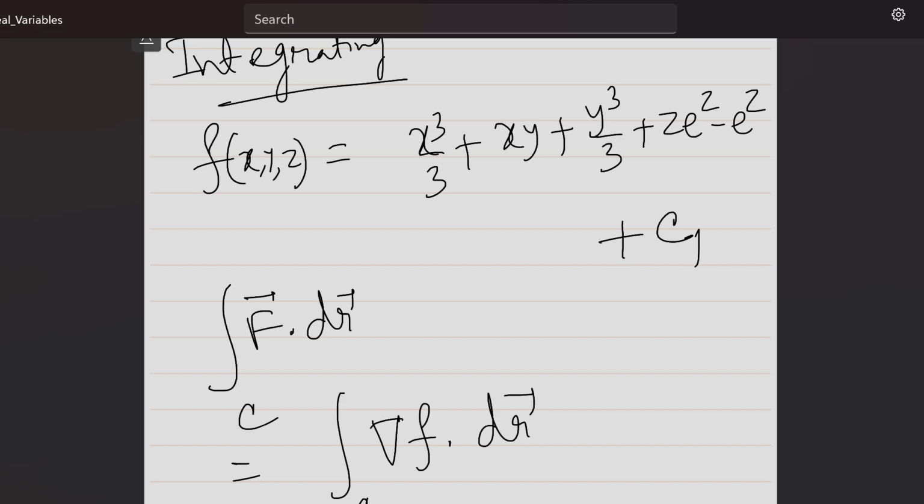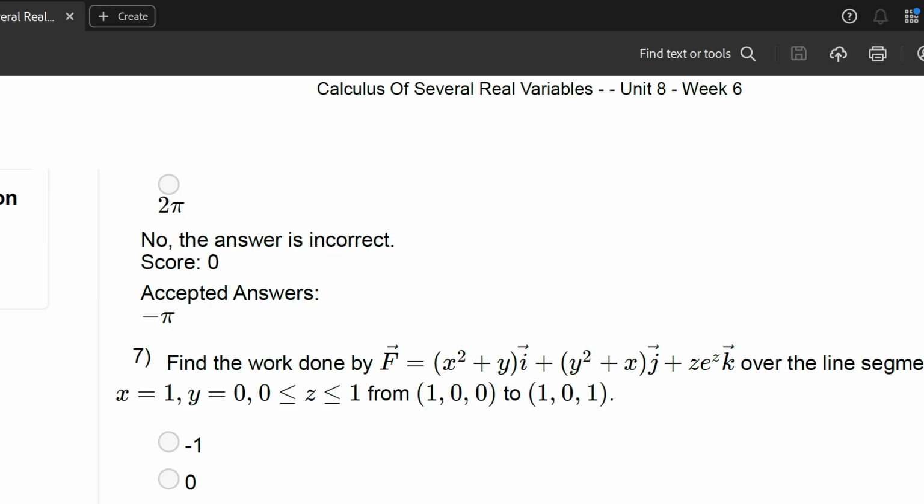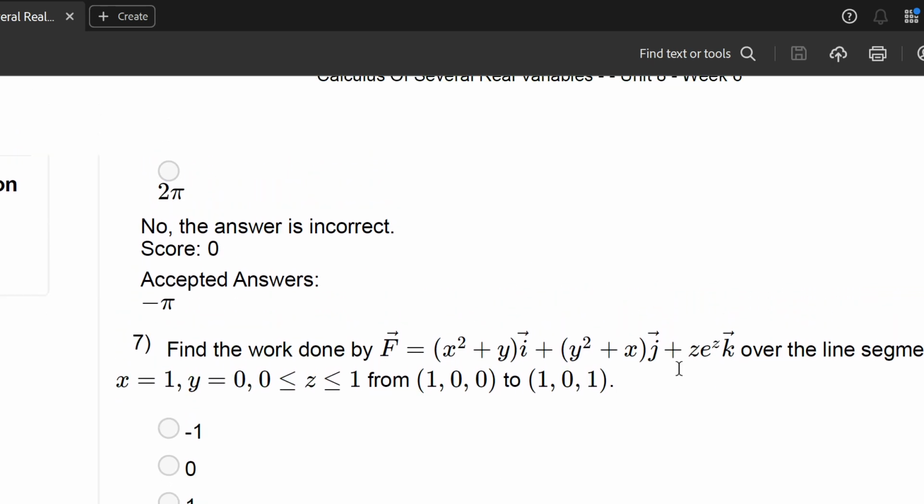So what is the answer? Answer is f at final point minus f at initial point. This is my answer. So what is your final point? By the question, let me show you the question again. The question is final point is (1,0,1) and initial point is (1,0,0).